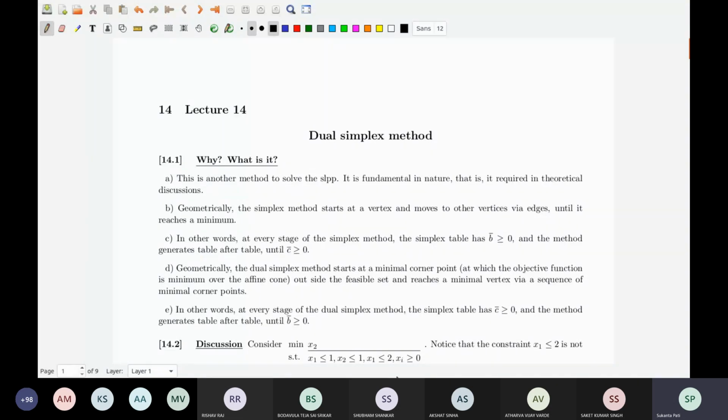Because this is another fundamental procedure to solve, and it is required in theoretical discussions. For example, it will be used in the latter half of this lecture, in what is called... the... I forgot that.